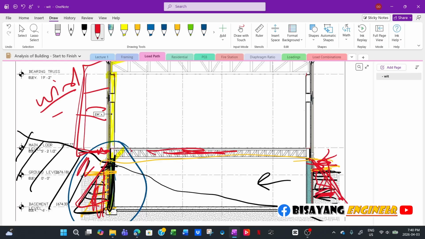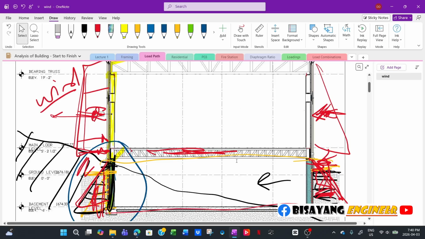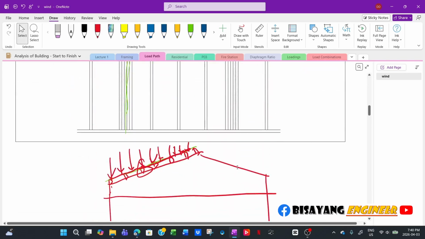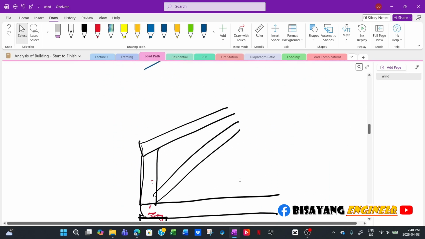So you only have to consider the wind, because the wind is in one direction only, so there's nothing preventing it, unless there's some kind of a support like a truss on the side, and that's another story. But as a standalone building, if this is subjected to wind, then there's nothing that prevents it from sliding in this direction. That's why you have to design it for the net sliding force due to wind only, and or seismic, whichever governs.